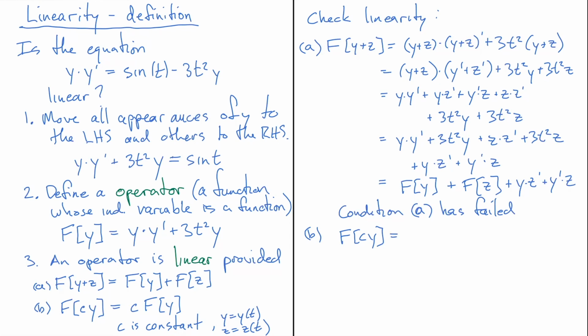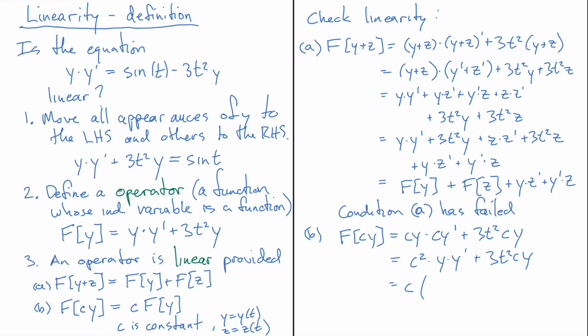So what is this? So here I get c times y multiplied by c times y prime plus 3t squared c times y. And now we can see that this gives me a c squared times y prime plus 3t squared cy. And I can pull out a c, which is what I want to do. I want to see if this is the same as c times f of y.